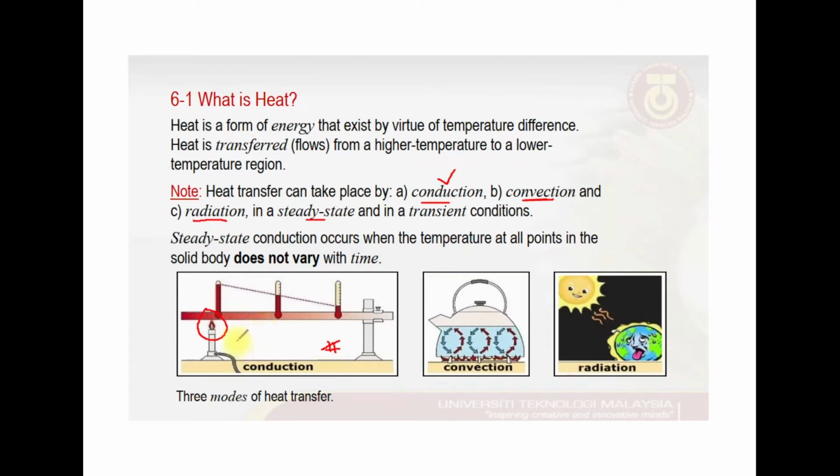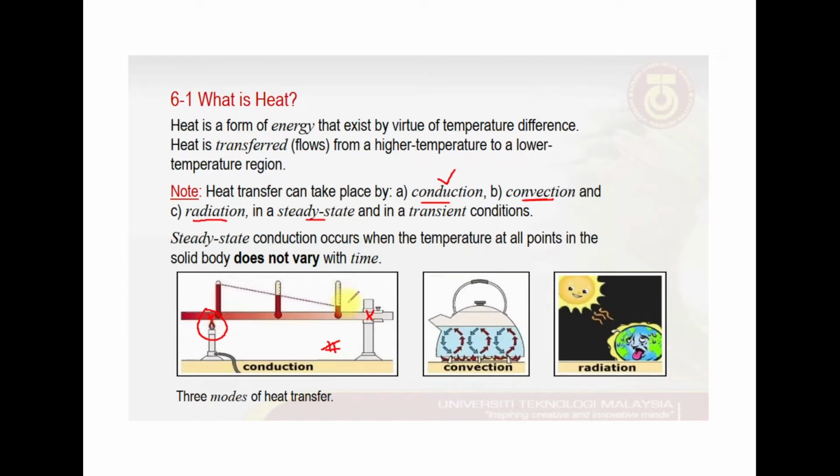In the first example here, I have a rod which I clamp there, and then I put this rod in contact with the source of heat at this particular point on my rod.